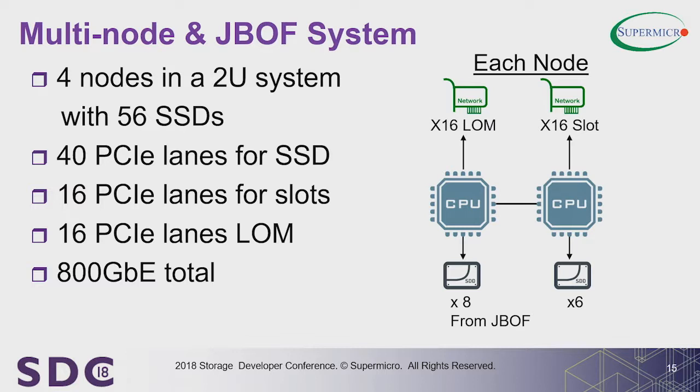And one of the things that we discovered is that, yes, there are advantages if your software really wants all of the drives off of one CPU for RAID, but if it's just performance, a symmetric design is so much better. If you can avoid that UPI bus, it really, really helps. So this is one of the areas where you can take a multi-node, which is notoriously not symmetric, and turn it into a symmetric design by adding a JBOF.